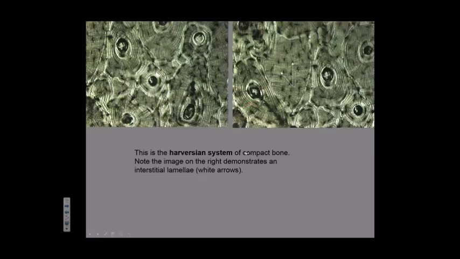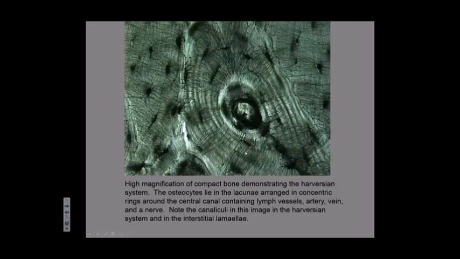Those are called canaliculi that contain capillaries and cytoplasmic communications between osteocytes, sending out these canaliculi from one osteocyte to another in the lacunae. So this is your capillary bed in a way in bone. Pretty cool looking stuff, compact bone.